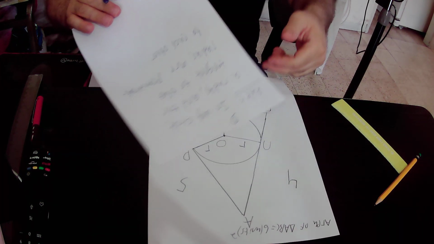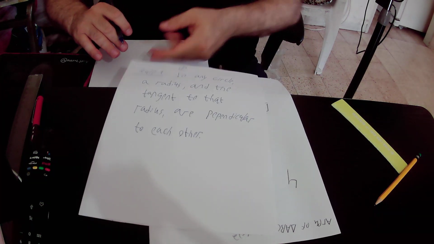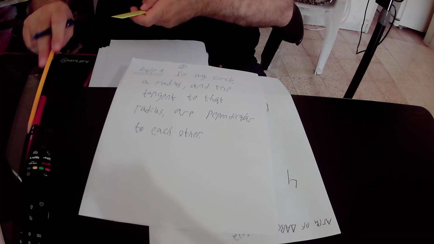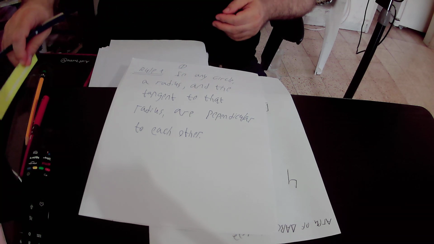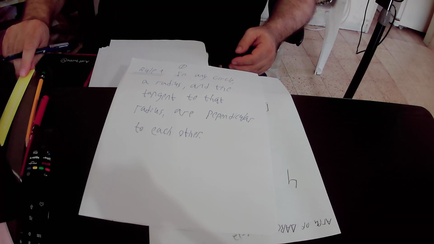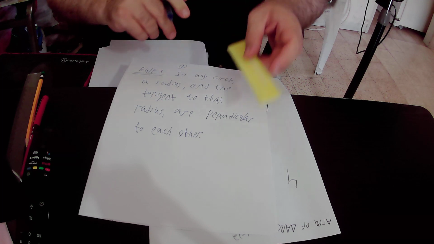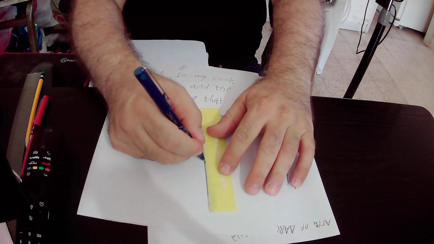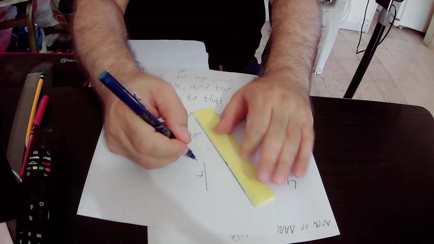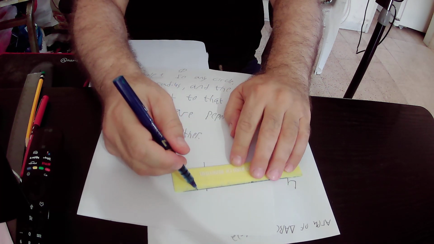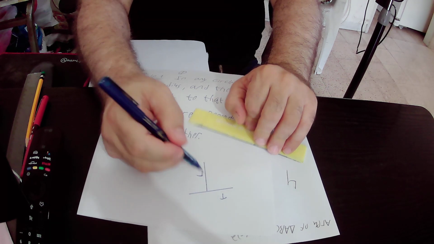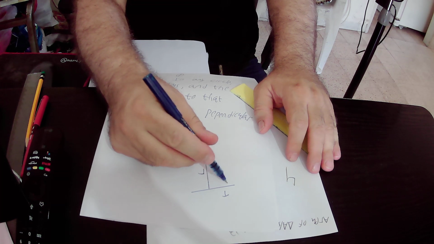So I will read rule number 1 again. Rule number 1 states that in any circle, a radius and the tangent to that radius are perpendicular to each other. So actually, if we have a radius, let's call it R, and we have a tangent to that radius, let's call it T, then the radius is perpendicular to the tangent.